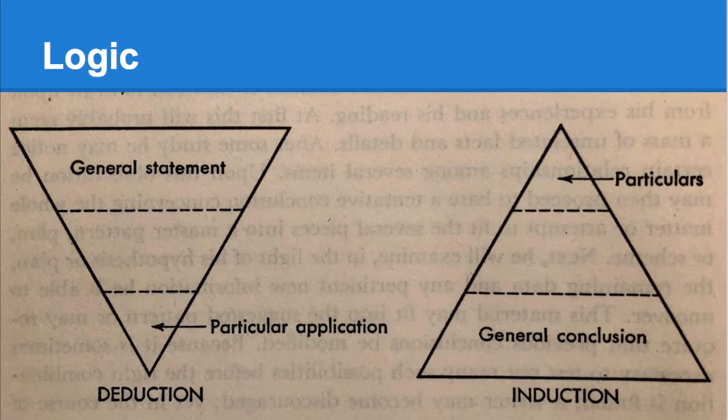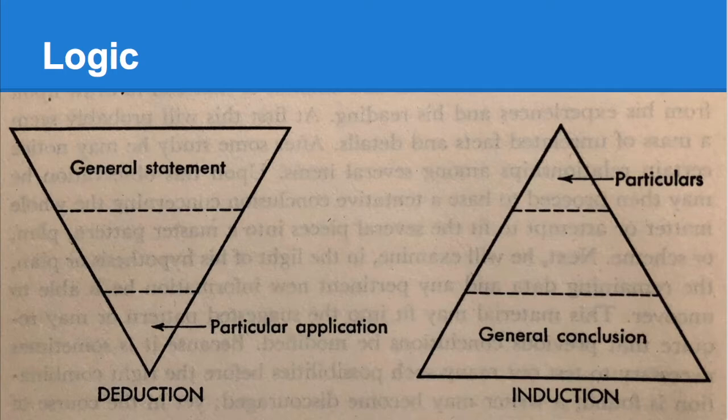There's two ways you can think, two different approaches to making a logical argument. The first is the deductive method, and the second is the inductive method. And these are completely different forms of reasoning. Deduction starts with a big principle. We call this the major premise or the theory.